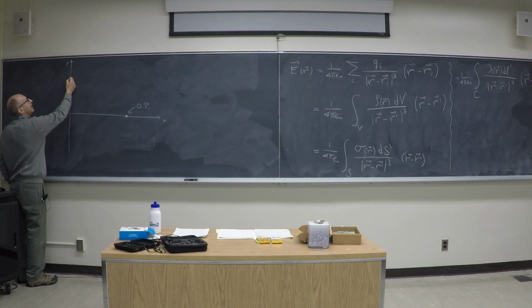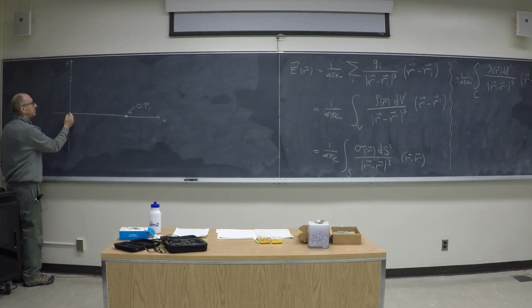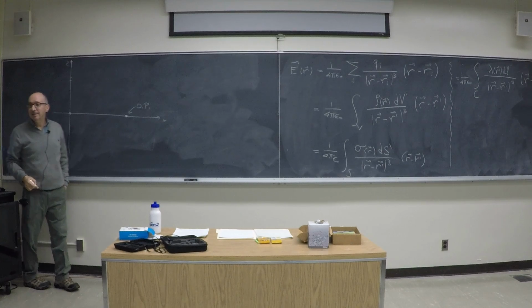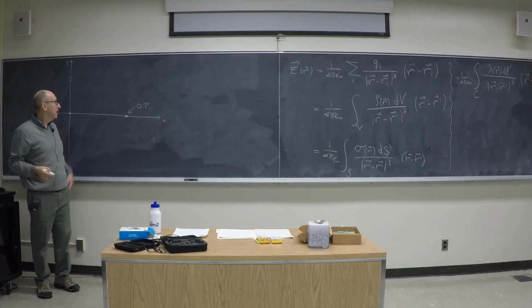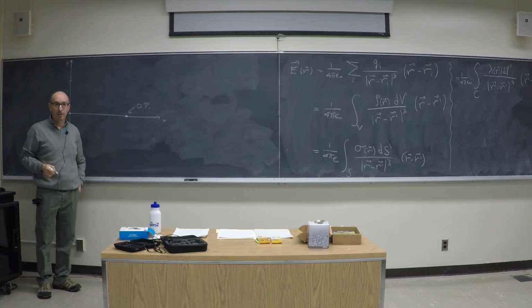Let me take a little small element there along that line, and that's going to correspond to one of the r primes. Starting from the origin, all my r primes are going to have a z component, and all of my observation points are going to have only an x component, correct?